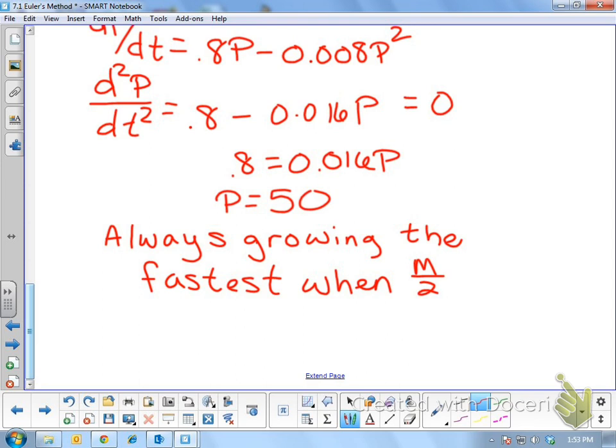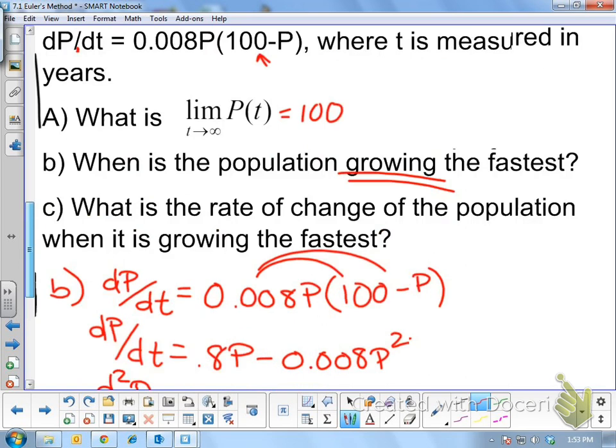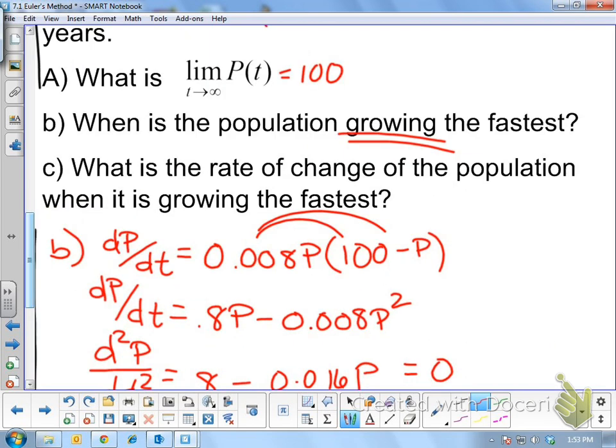And then part C, I have to scroll back up to it really quick to read it. What is the rate of change of the population when it is growing the fastest? In other words, how many cubs are they having per year when our population is getting bigger the quickest?